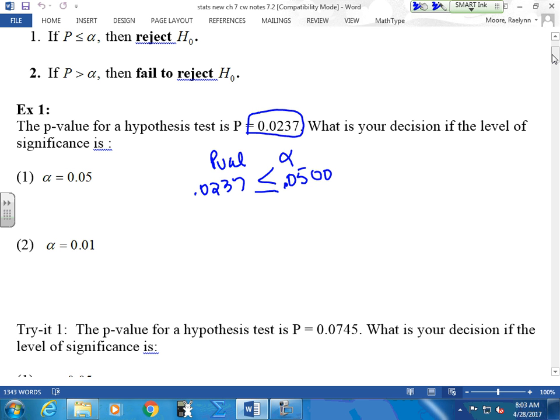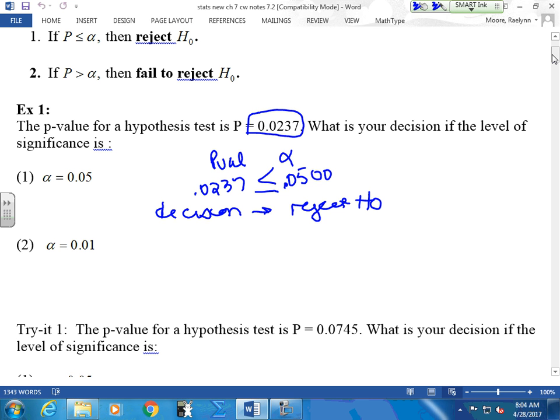Now, I look at my decision chart, and I say, when my p-val is less than or equal to my level of significance, this is my decision, write this down: reject H0. I don't know what it is right now, I'm just testing a p-val. So when you test your p-val, you're going to put it in that order, fill in as many places of zeros, and test the numbers. Then, you're going to look at this part, and you're going to make a decision.